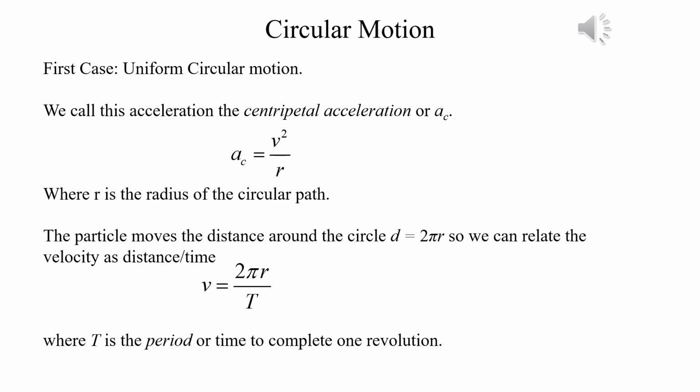So we take the total distance once around the circle is 2 pi r, and the time to make one complete circle is called the period, and we use capital T to represent the period. So that would be the time in seconds. So 2 pi r is the distance around the circle divided by the time to go once around the circle will be our velocity. Remember, velocity is distance over time. So T is called the period or the time to complete one revolution.